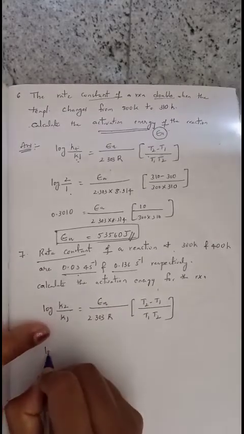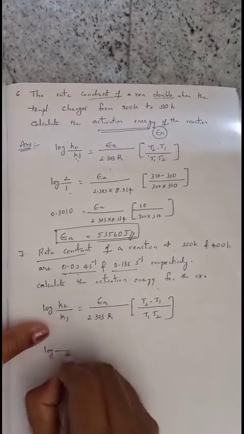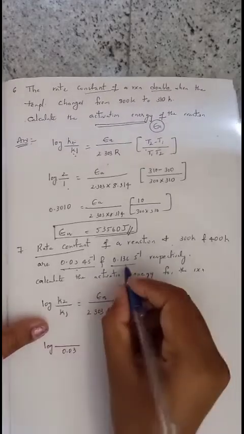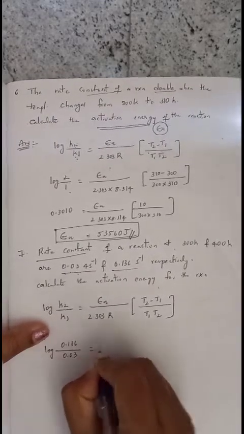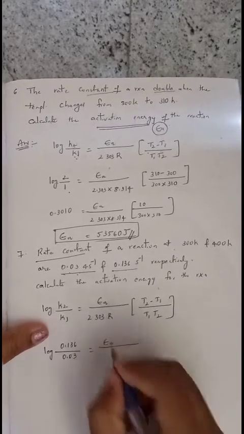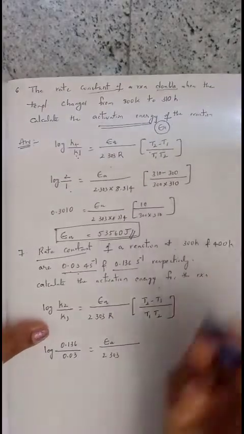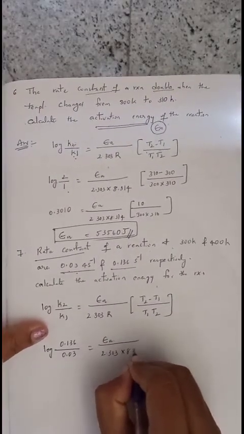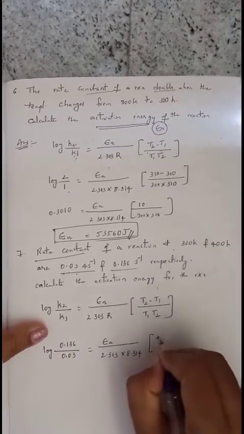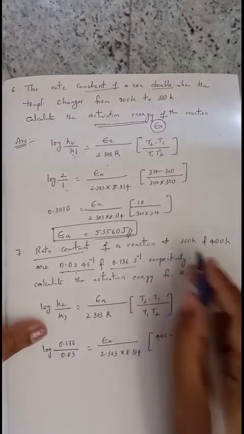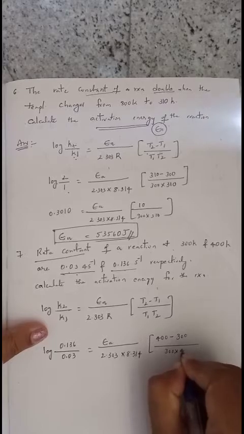First the K1 value, which is 0.034. The K2 value is 0.136, equals EA, which we want to find out, divided by 2.303 into R, a constant value 8.314, into T2 value 400 minus T1 value 300, divided by 300 into 400.